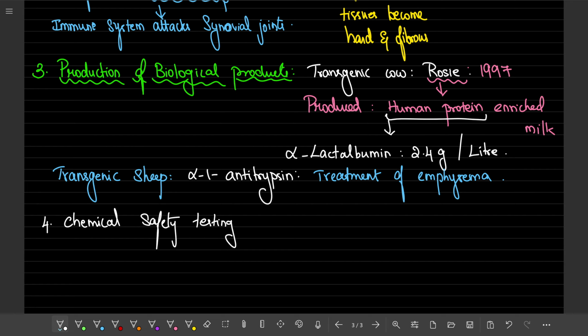So biological products, and the next one is chemical safety testing. And the last one is vaccine safety.